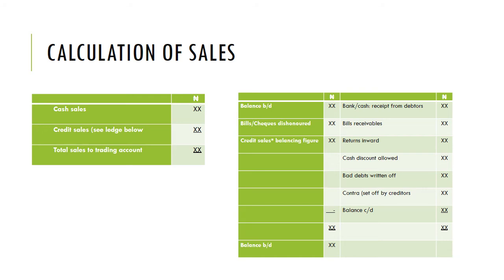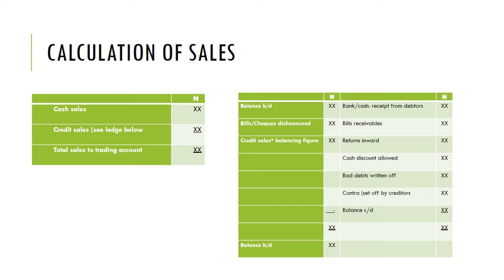How do you calculate sales? The total sales going to your trading account is going to be the cash sales and the credit sales added together. The cash sales, you can get from your cash book or your bank statement.